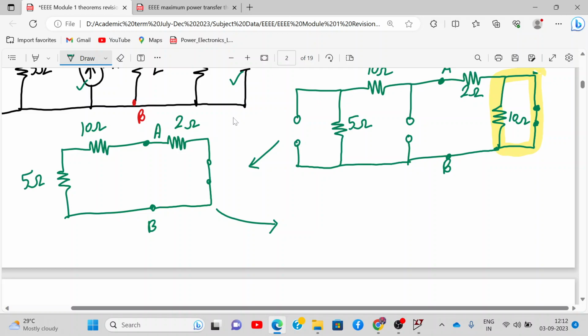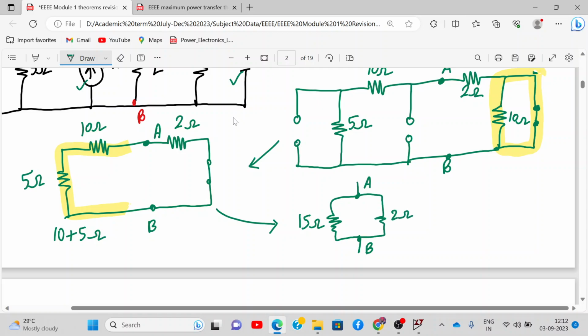Can you tell me which are in series? So this 10 ohm and 5 ohm are in series. Okay. So we write 10 plus 5. So now we have A, here we have B. So on one side we have 15 ohms and on other side we have 2 ohms.